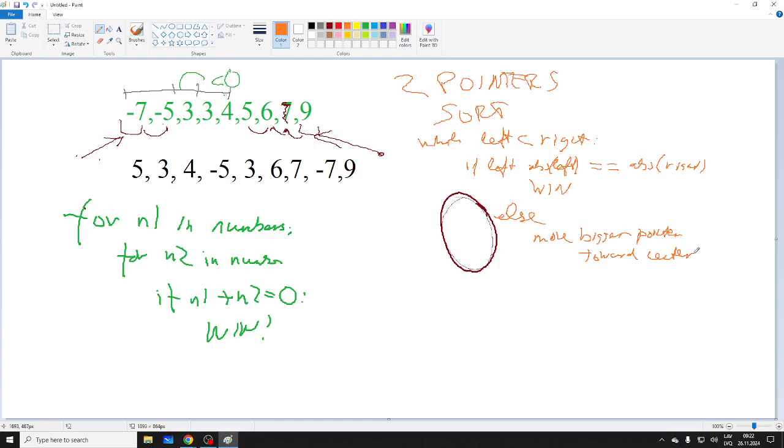Okay, so we know this is O n log n. So we got the O n squared, and we have n log n. So the question is, of course, can we do better?